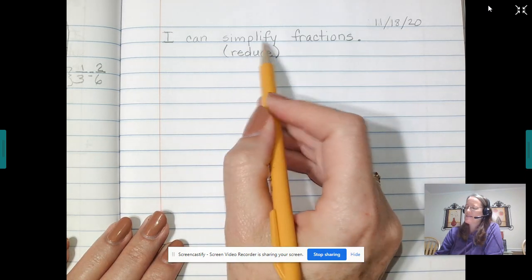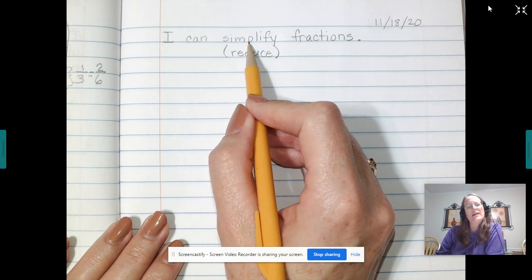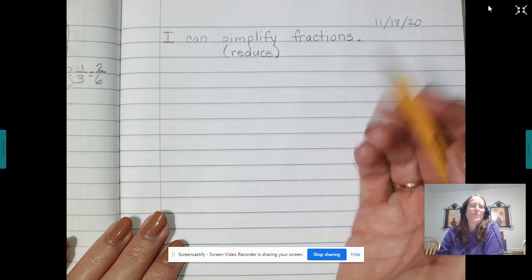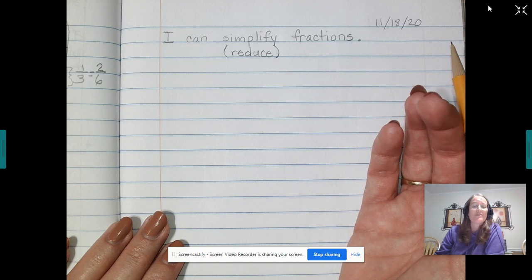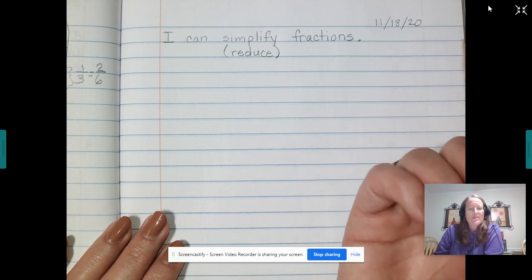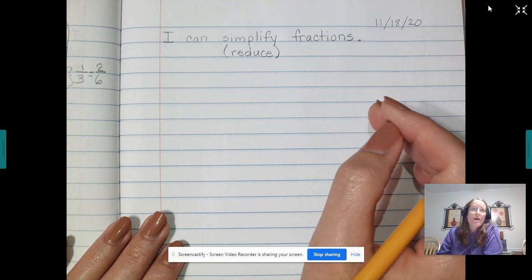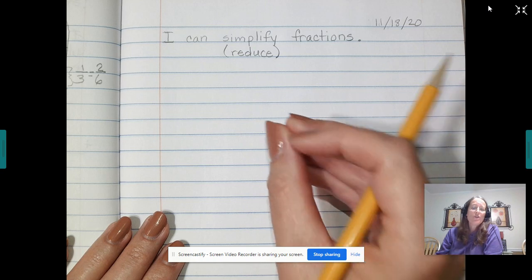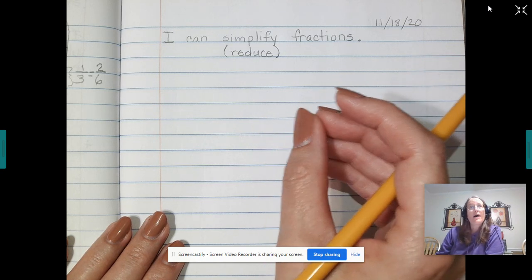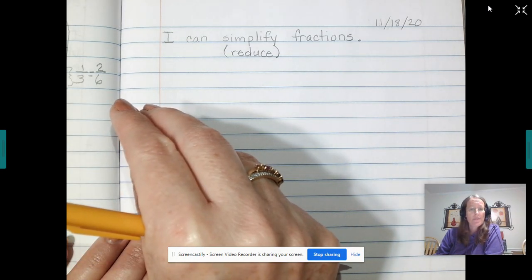I can simplify fractions. Another thing you might hear is to reduce fractions or put fractions in their simplest form. So what are we really doing when we are simplifying fractions? We are making larger units by making smaller numbers.